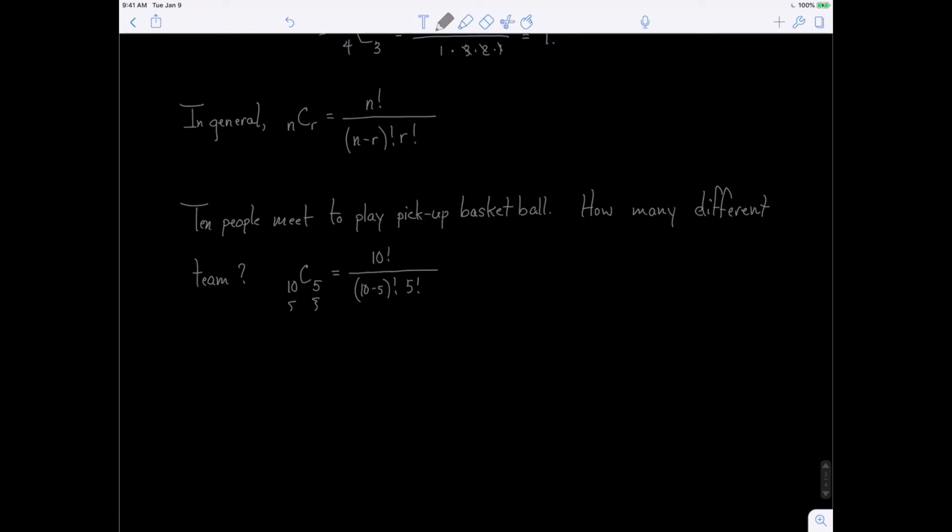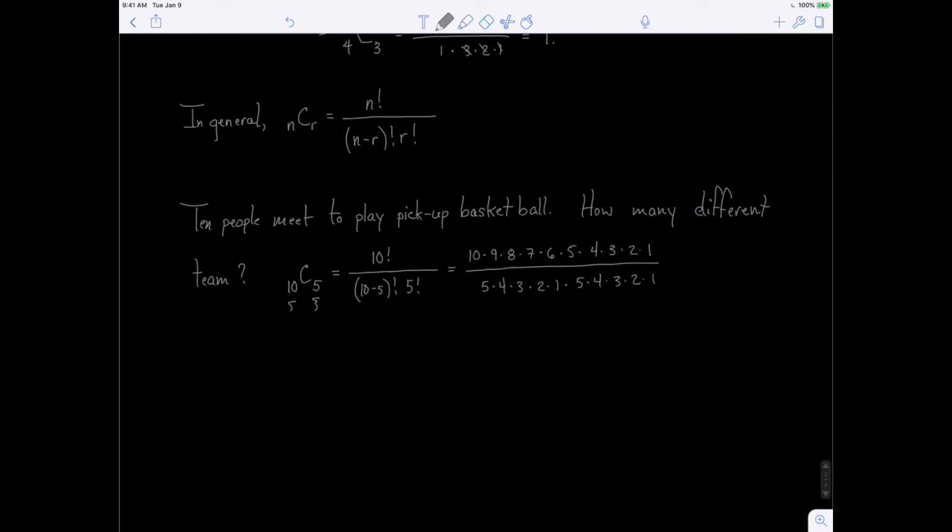And if we work that out, we could do this. That's not so bad. So 10 factorial is 10 times 9 times 8 times 7 times 6 times 5 times 4 times 3 times 2 times 1, over 10 minus 5, that's 5. So 5 factorial is 5 times 4 times 3 times 2 times 1 times another 5 factorial.